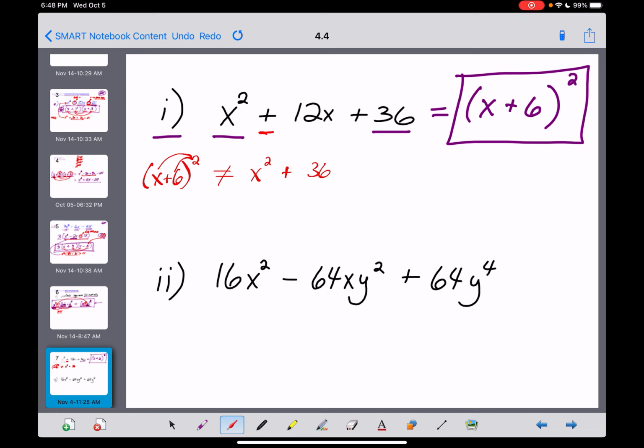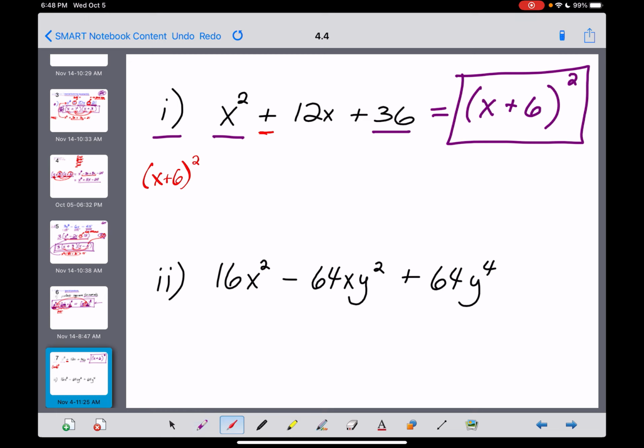It doesn't work out that way. Real quick, if x were equal to 1, x plus 6, 1 plus 6 would be 7, 7 squared would be 49. And over here then, the 1 squared is 1 plus 36 is 37. No, 49 does not equal 37. So that's just a quick counterexample to that line of thinking.